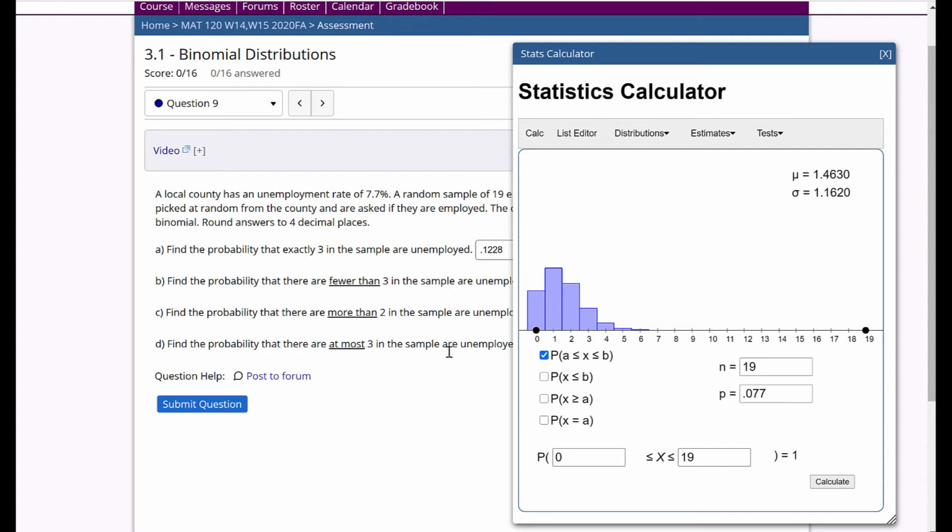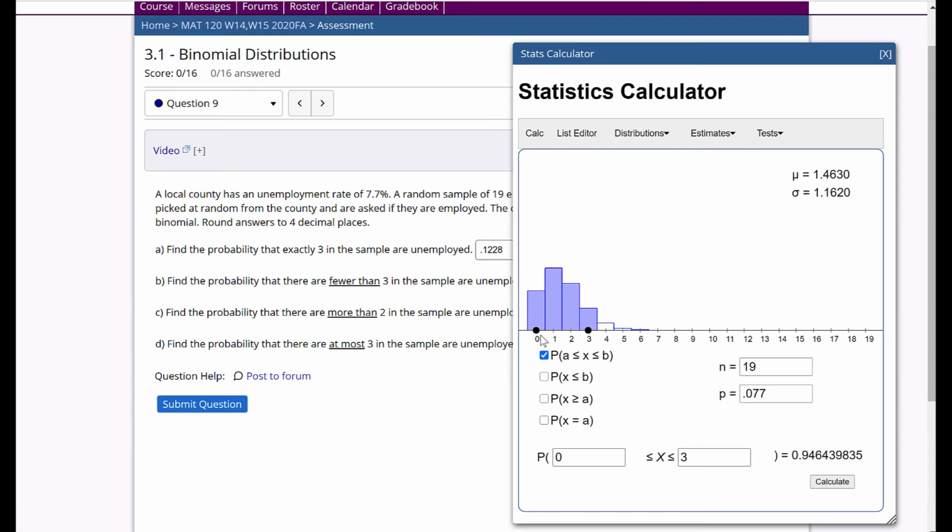All right, at most 3. So we have a choice between like 0 to 3. And that sort of makes sense, because at most 3 sounds like it would be less than 3, but also including 3. All right, we have an option of 3 to the maximum, but at most 3.